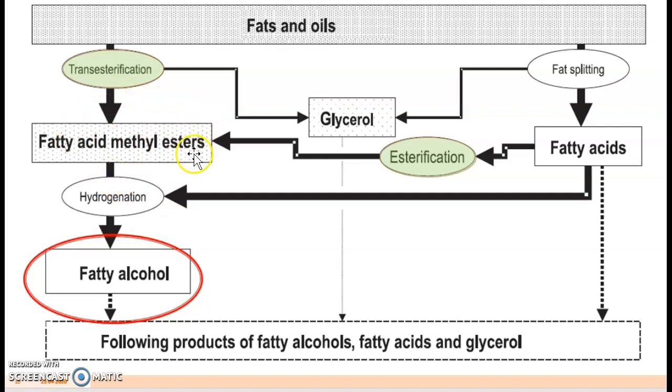From our fatty ester, it will go through the hydrogenation process to produce fatty alcohols. On the other hand, the fat splitting process will obtain fatty acids, and from the fatty acids, it will go through the hydrogenation process to produce fatty alcohol here. Okay, so next is the derivatives of the products.